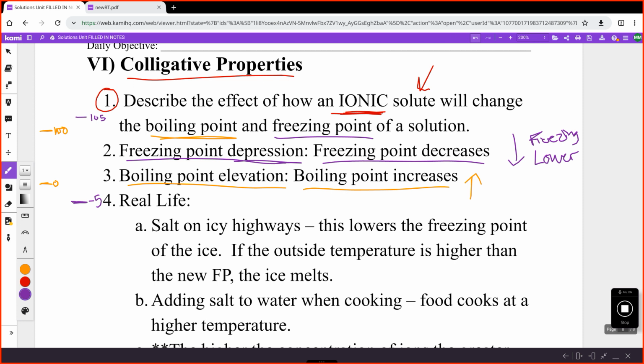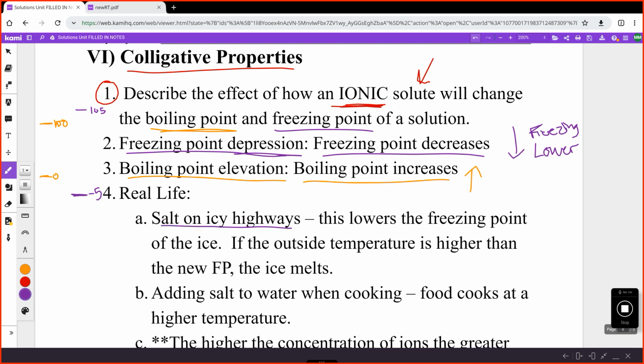There are two examples of this in real life, one for each. The first one is salt on a highway. A lot of people have this idea that we throw salt on ice and it melts the ice. Although that's technically true, it's not the best way to think about it. Salt on ice, it's not like it's adding heat to melt it. All that's happening is it's taking the 0-degree temperature that we talked about, and it's letting water be liquid at a lower temperature.